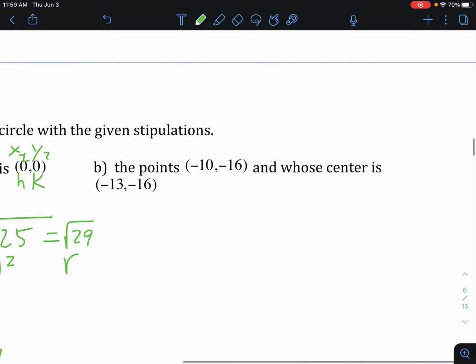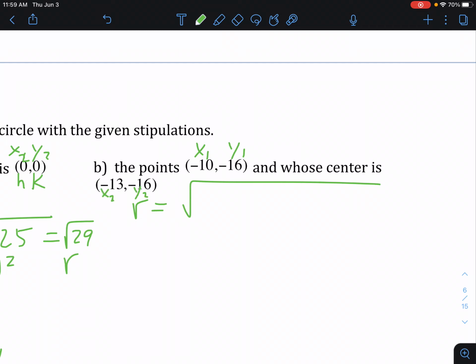Okay, let's do some more practice here. Again, we have a point and a center. We're missing the radius, so we're going to use the distance formula again to get the radius. So subtract the x2 minus x1, double negatives, squared, plus y2 minus y1, another double negative, and then squared.